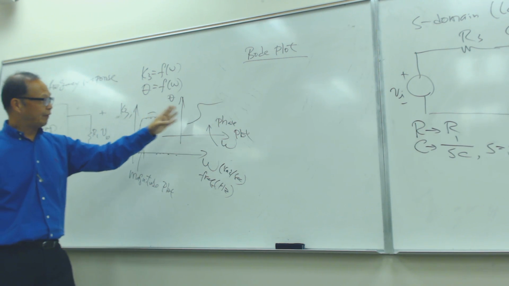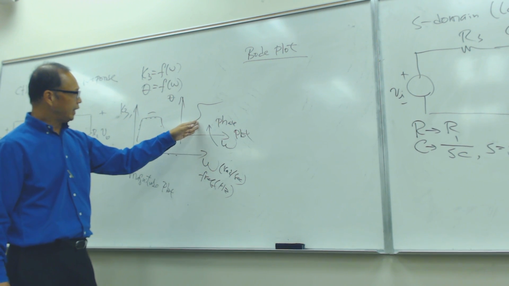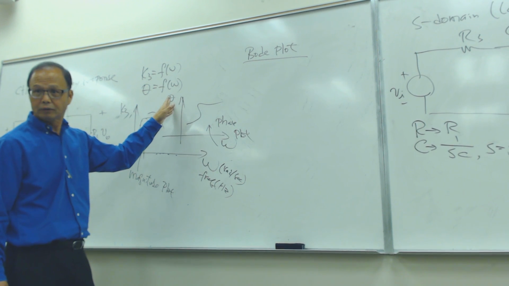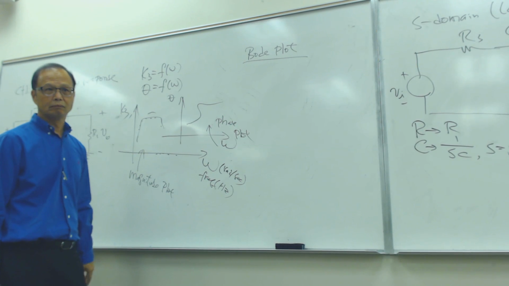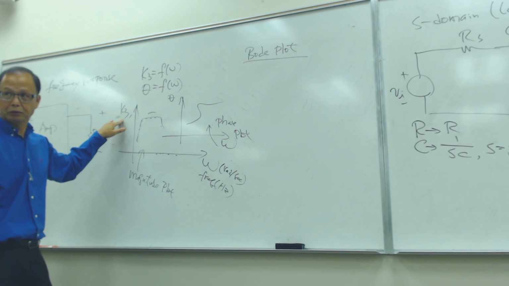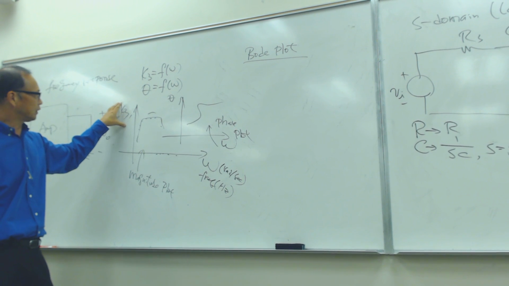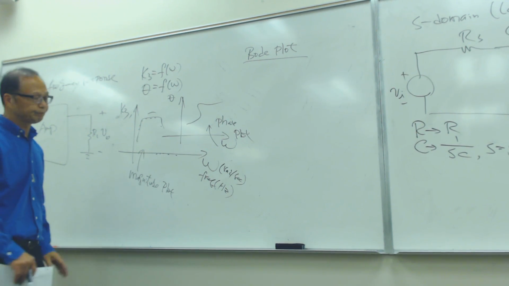And the phase plot will tell you at a certain frequency what is the angle of the voltage gain. Now, of course, the phase is not as important as the magnitude. So typically, we will focus on the magnitude, but not too much on the phase.